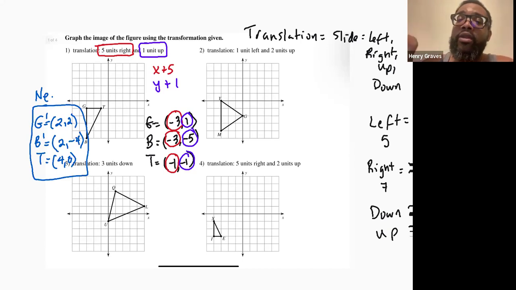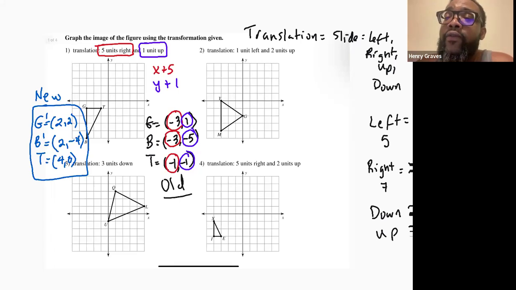So let me go ahead and graph all of that in blue. 2, 2 is over here, my new G. Then 2, -4 is here, that's my new B. And then my new T is at 4, 0. 1, 2, 3, 4. And I'll just connect them. And just like that, I am done, and I have translated just as I should.